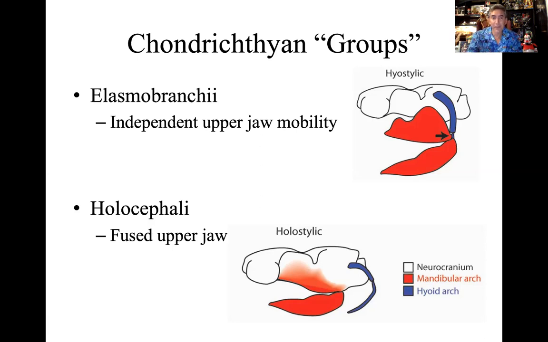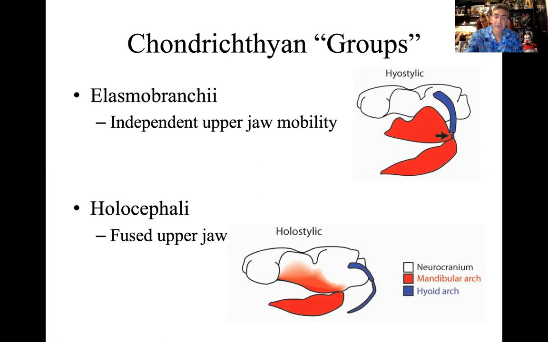The Elasmobranchii, they have two mobile jaw structures, and that top part is not fused to the maxilla on top, right? So we're going to give that a unique name here. We're going to call that a hyostylic, again, good test term here, hyostylic type of anatomy compared to the holostylic type of anatomy. So the hyoid arch is different, and the position, the flexibility, and the mobility is different in both of these jaws.